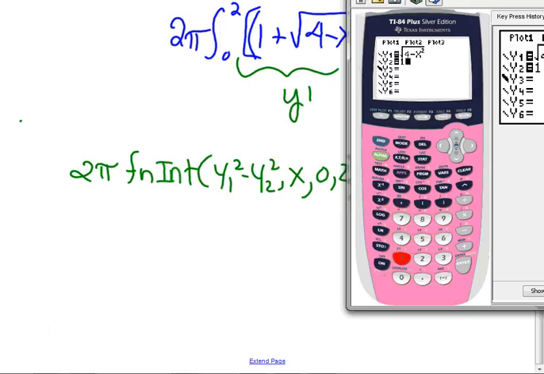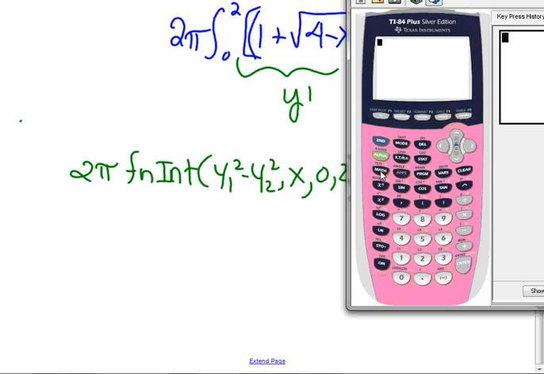Y1 is plus 1. Okay, so I can go up here. It's no problem. No, it shouldn't get negative. There we go. Plus 1. There we go. Okay, second quit.